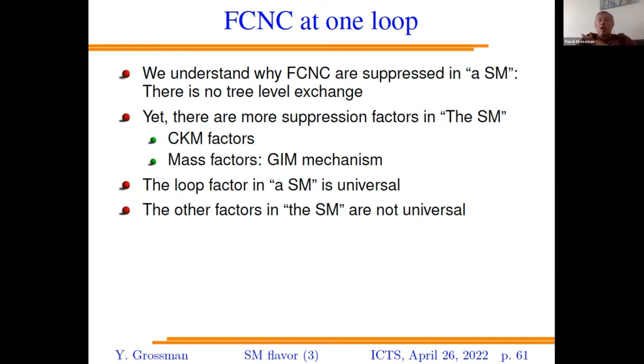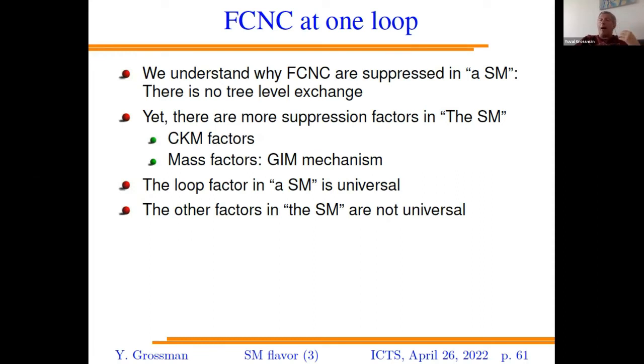And in this one loop, we actually get more suppression factors that are unique to the standard model. There are two more suppression factors at one loop. One is CKM factors, and we talked about the fact that the CKM is far from generic, because the CKM has small off-diagonal elements that give us an extra suppression factor.